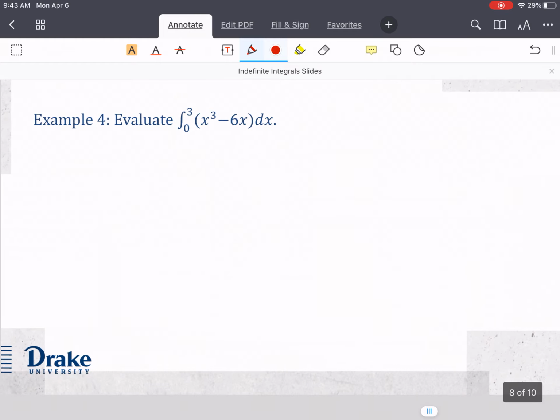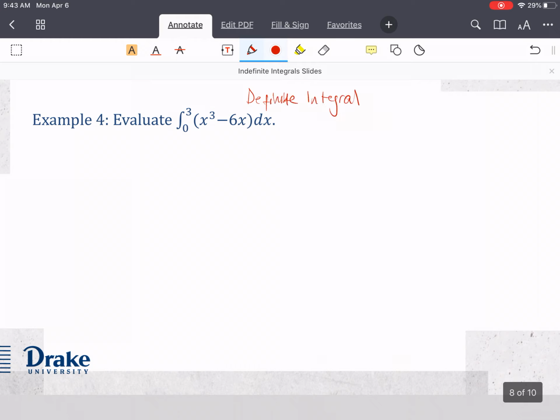All right. So now we take a look at the next example. Evaluate the integral from 0 to 3 of x cubed minus 6x. You'll notice this is a definite integral, and we know how to evaluate definite integrals using the Fundamental Theorem of Calculus, part 2.